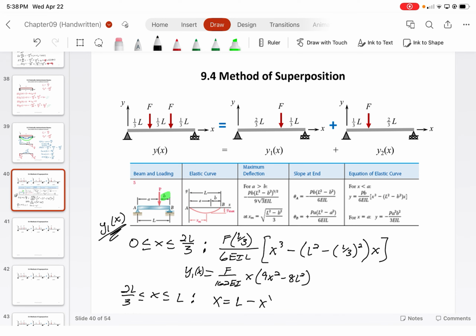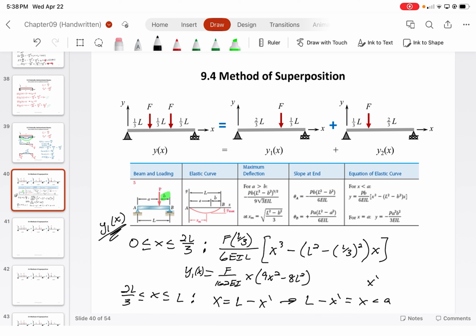In this case, our solution would technically be okay for L minus x prime, which is equal to x, which is less than a.